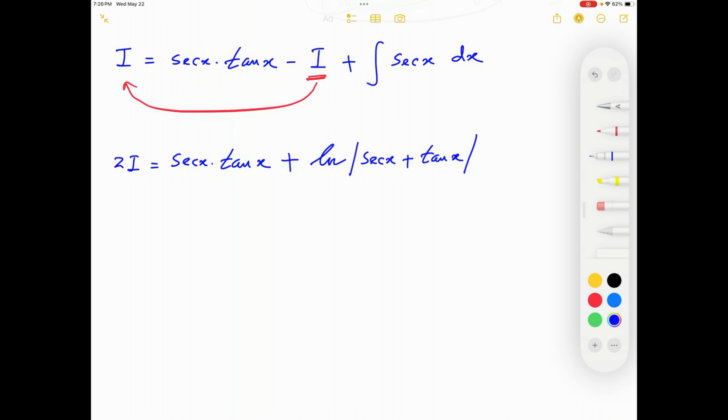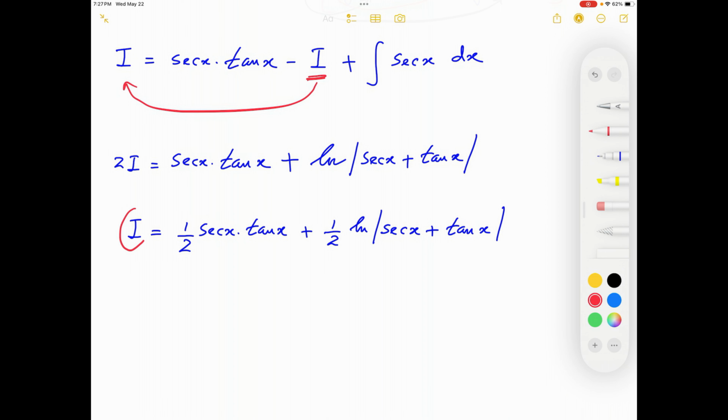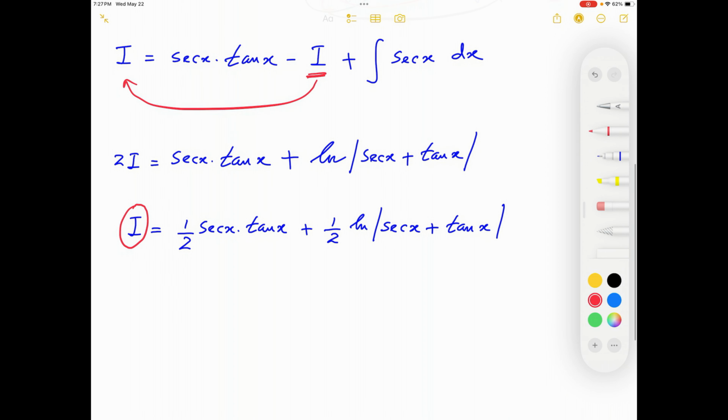All right, now I need to solve for I. On the left hand side I have 2I, therefore I simply need to divide both sides by 2. Then I get integral I equals 1/2 secant x tangent x plus 1/2 natural logarithm absolute value of secant x plus tangent x. Remember, this I is the integration of secant cubed x.